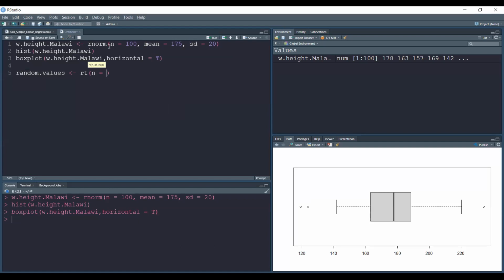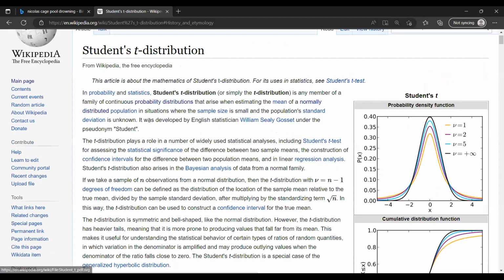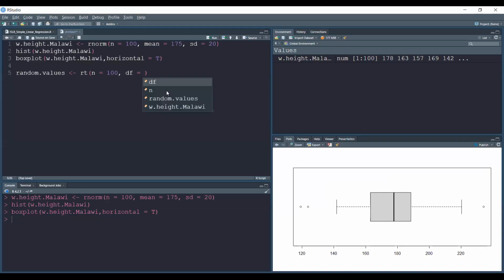How many values would you like to generate? Let's generate 100. And then it just asks you for the degrees of freedom. Wikipedia is using the Greek letter nu. It's known as the degrees of freedom.